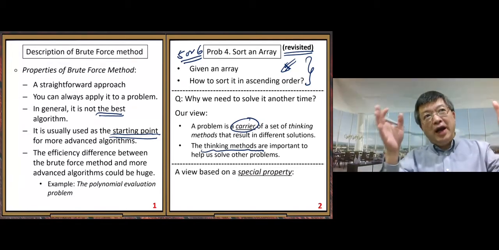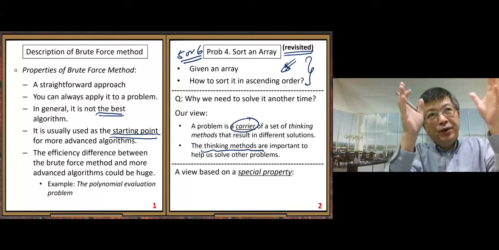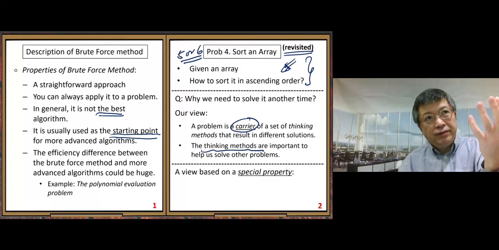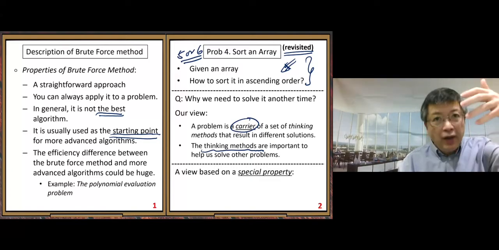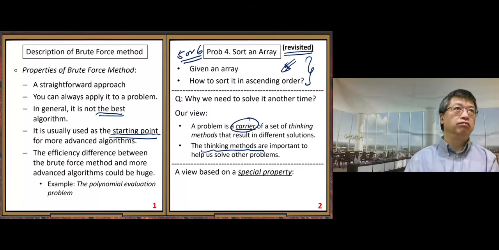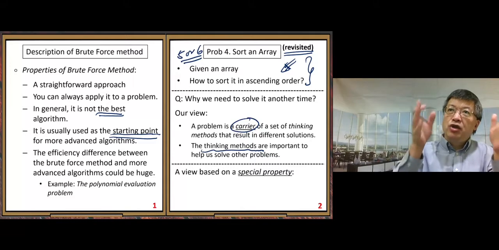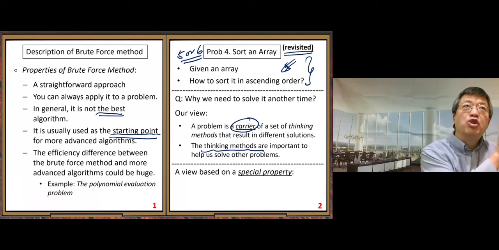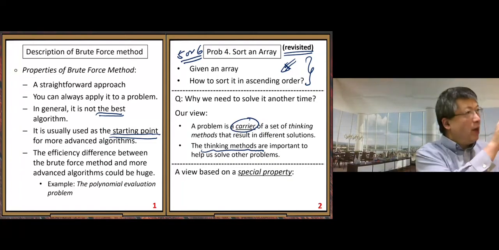Now, let us use a new way to solve it. A new algorithm typically relies on a new view of the problem. Think about the selection sort. In that solution, we take a special view: the minimum of the current array.